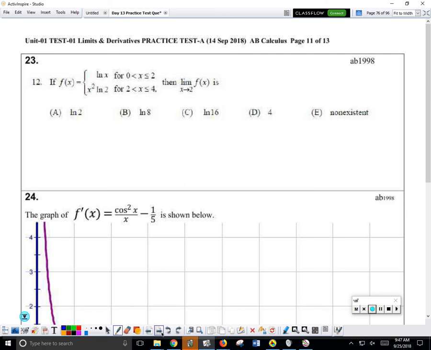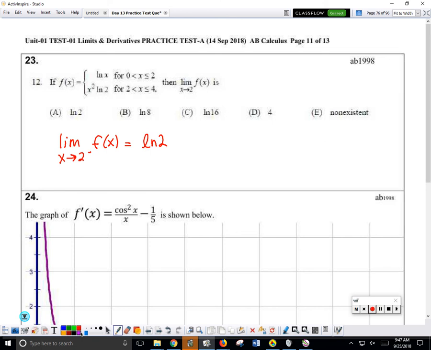So I've got to do the limit as x approaches 2 from the left. So let's see, if x is a little bit less than 2, I use that equation. So if I plug in close to 2, I'm going to get close to the natural log of 2. So that limit's going to be ln of 2.